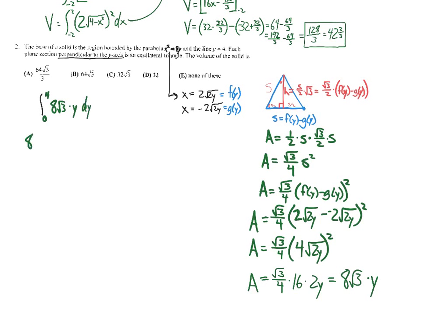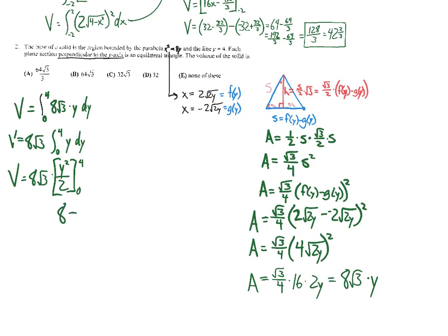I'm going to pull the 8 root 3 out. So we're finding volume now. And that's going to be the integral from 0 to 4 of y dy. So of course that's y squared over 2, evaluated from 0 to 4, and then multiplied by the 8 root 3 at the end. If I plug in 4, I get 16 over 2, that's 8.